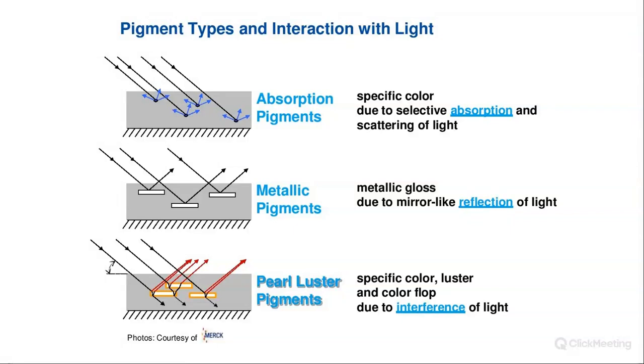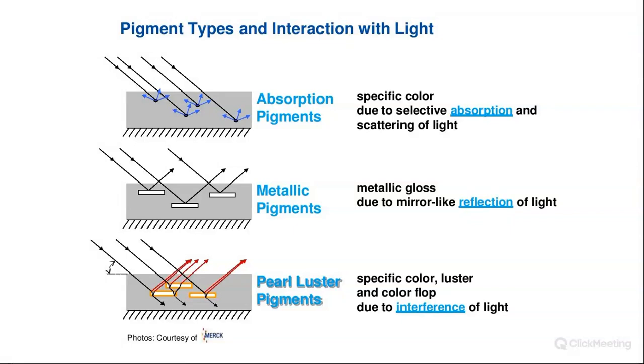Then we have the pearl luster pigments, a very interesting and unique type of pigment. They're transparent to certain wavelengths and reflective to others. So they give you a color flop as you change your viewing angle when looking at an object with these pigments.